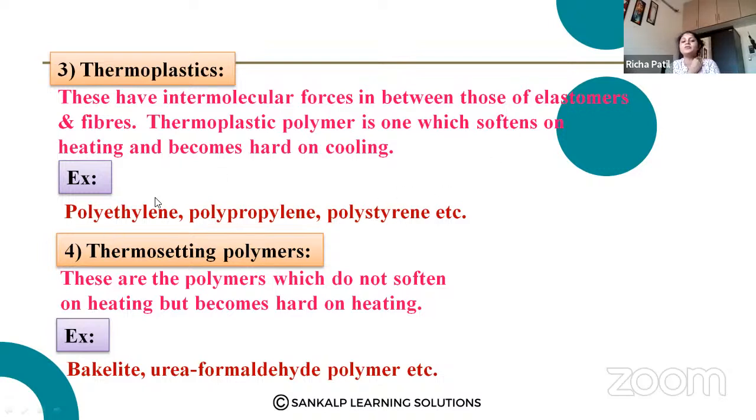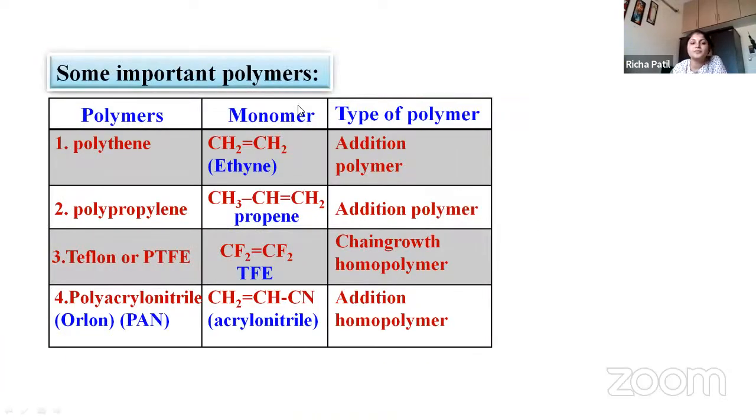So these polymers cannot be reused. Examples are Bakelite, urea-formaldehyde polymer, etc.